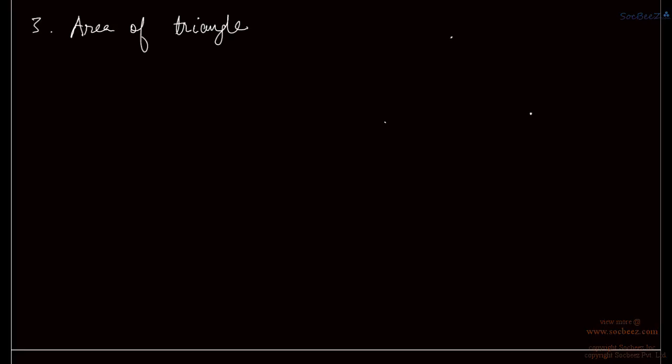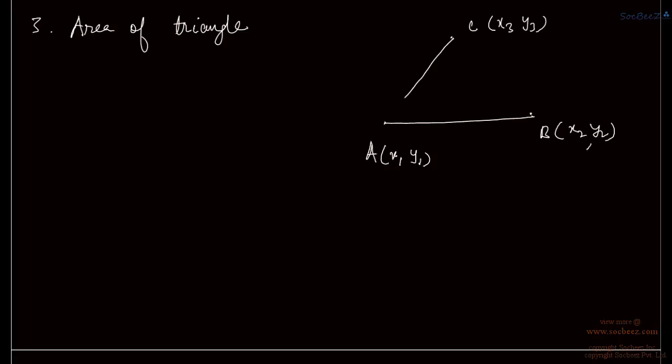Let's name these vertices as A with coordinate x1, y1, B x2, y2, and C x3, y3. So for a triangle to be made, these three points must not be collinear. So A, B, C are non-collinear points. That is, these cannot lie on a straight line.